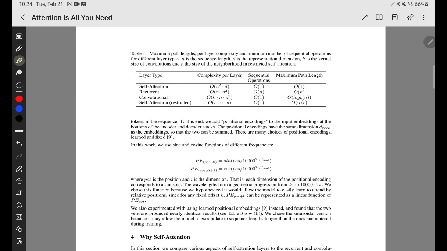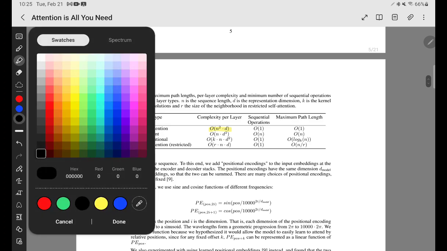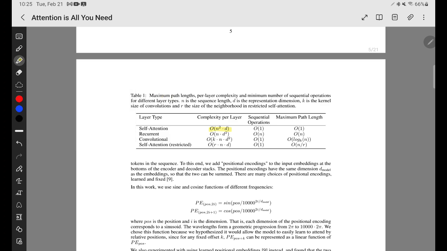So one of the problems with attention is it's an n squared operation. If we have a sequence of shape S, then the query key matrix will be of shape S by S. So imagine I have a sequence that's 512 words.